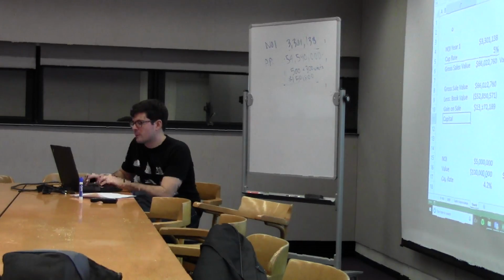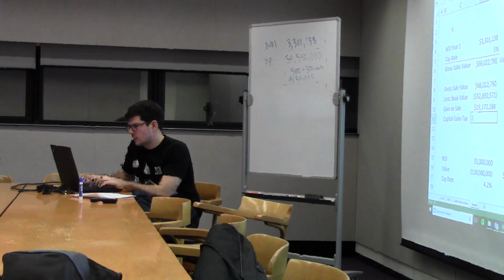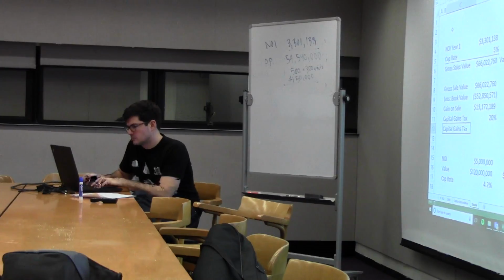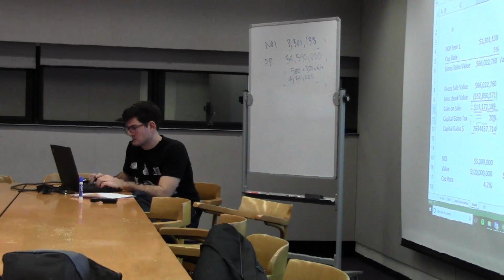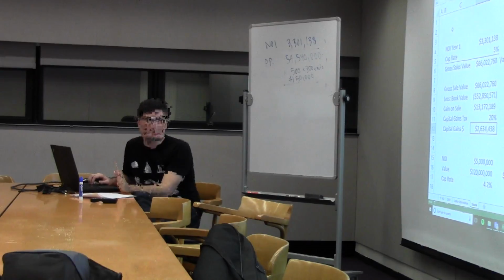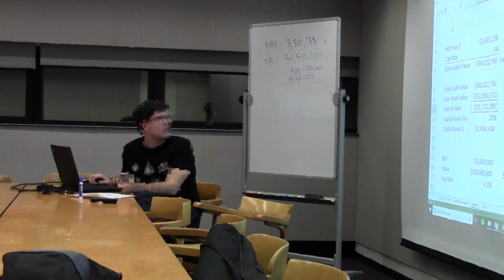Then what we do is we have to pay a capital gains tax of 20%. So capital gains dollars is going to be 20% of the gain. If we were thinking about taxes, we're not in this case, so this is just for your own information. If we were thinking about taxes, that's when book value comes into play.